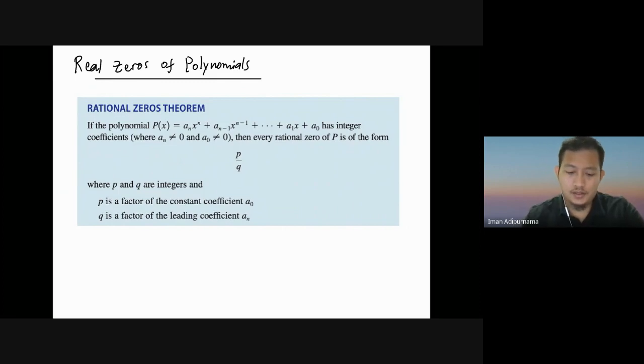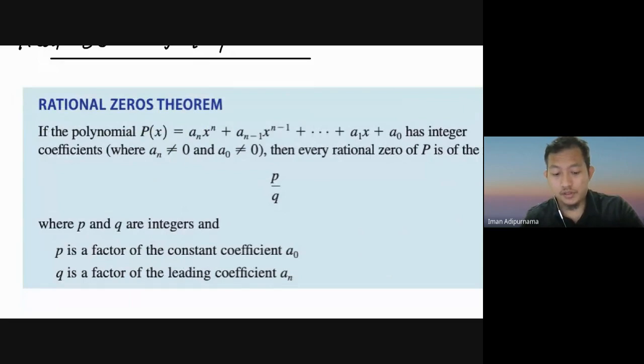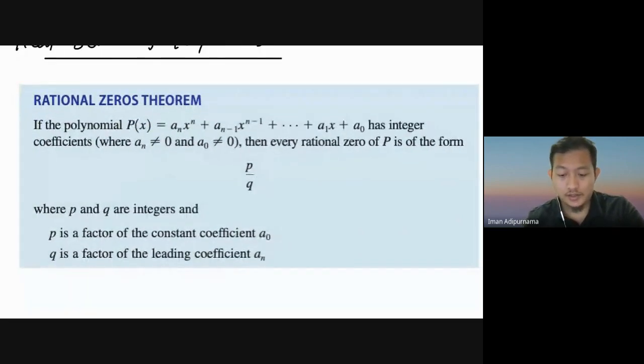So if we have a polynomial P(x), it has a general equation, and they have integer coefficients, where a_n and the last one, so the first term and the last term, are not equal to 0.